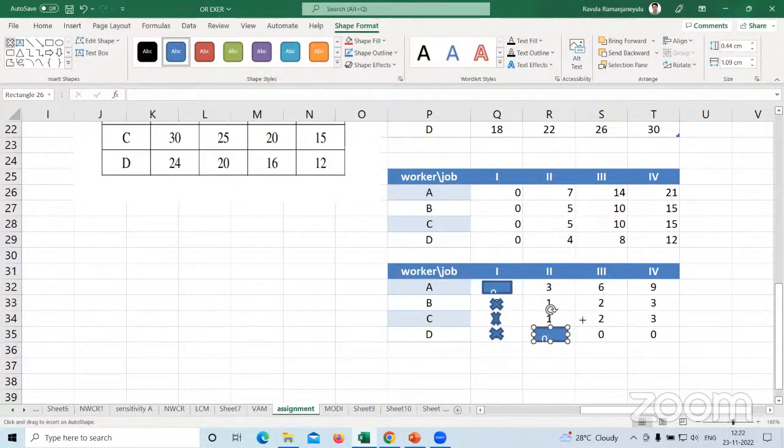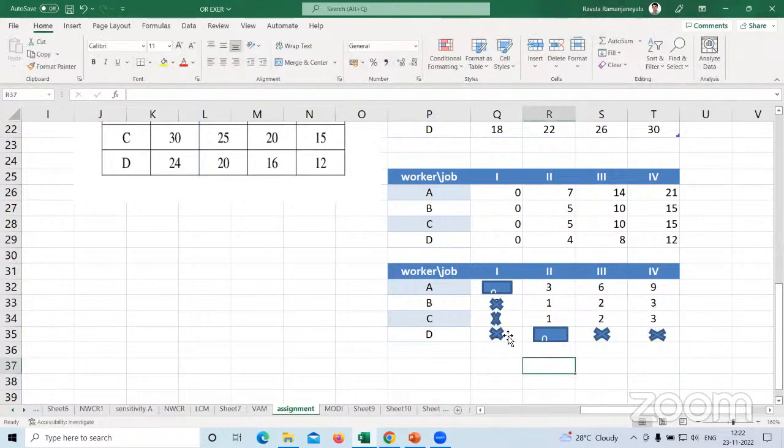Right. Yes, sir. This zero gets cancelled and this gets cancelled. Like this, only 2 assignments are made, but we require 4 assignments.